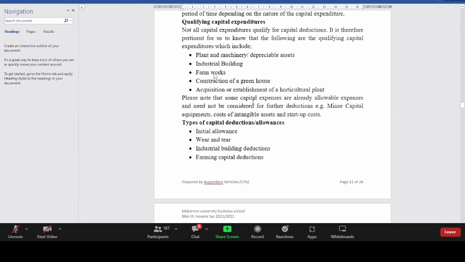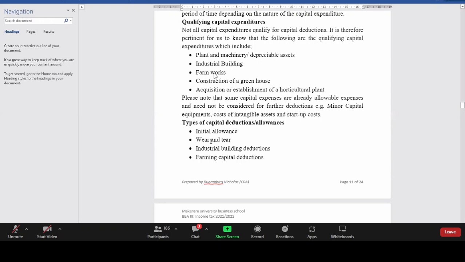Please note that some of the capital expenses are already allowable expenses and need not be considered for further deduction, e.g. minor capital equipment, cost of intangibles and startup costs, which we saw up. Again, if they are already allowable, they don't give them to you again. You get it once. We saw those.